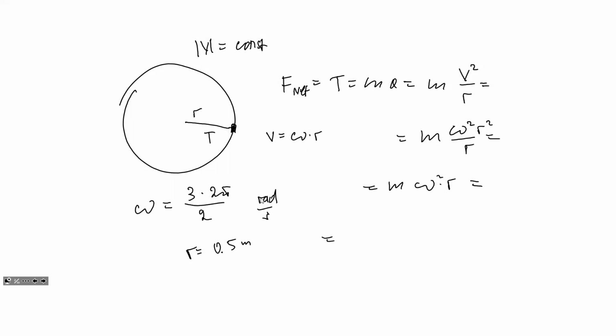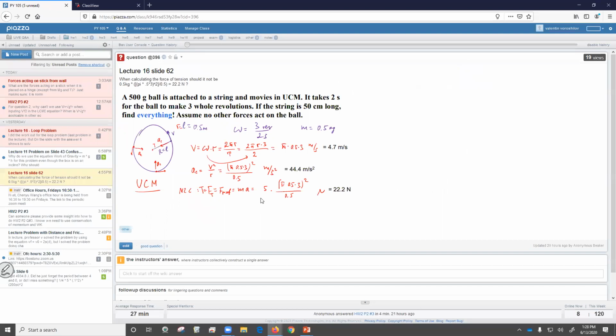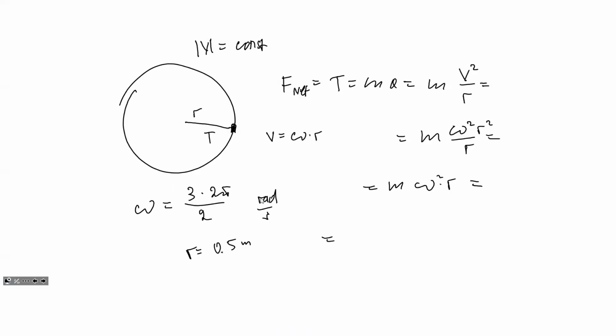So what do we have? And the mass, half a kilogram? Yes, half a kilogram. So 0.5 times 3 pi squared times 0.5 newtons.